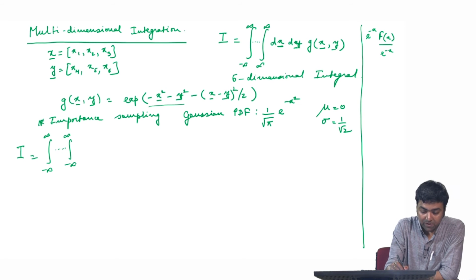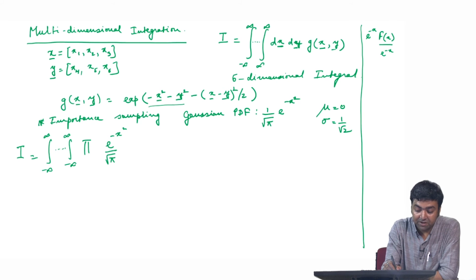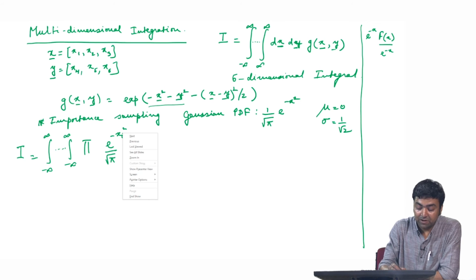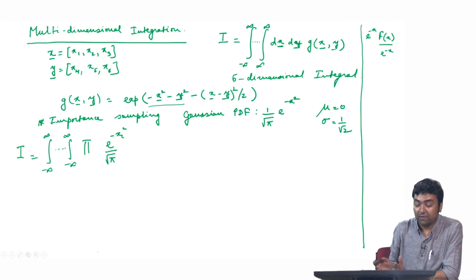We are going to multiply it by e to the power minus x square by root pi. Now, since we have 6 variables, for each case we need to multiply it by e to the power minus x square. So, basically we multiply by e to the power minus x1 square by root pi, into e to the power minus x2 square by root pi, and so on till e to the power minus x6 square by root pi.